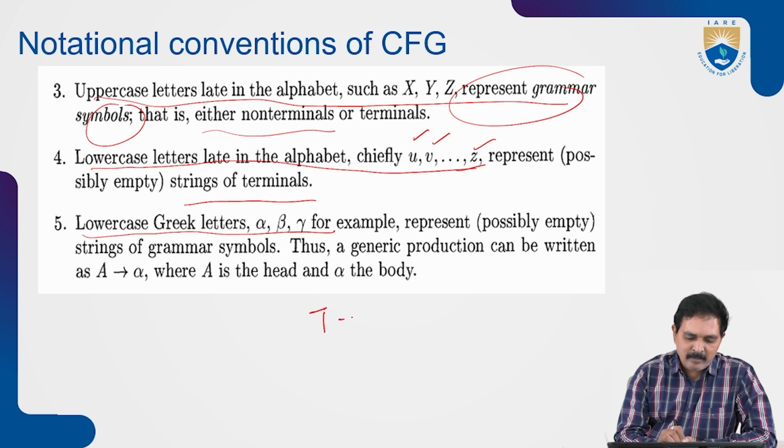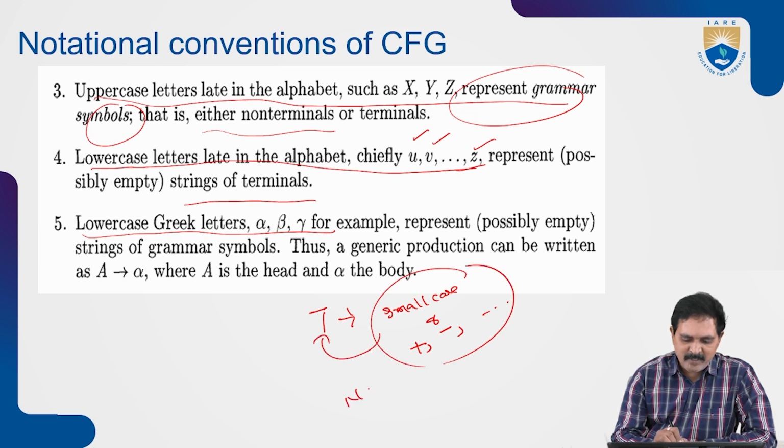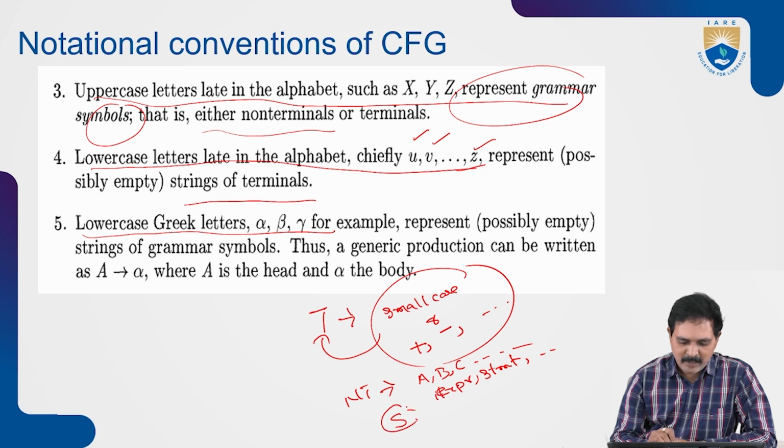Simply, for terminals we generally use lowercase letters of the alphabet, or sometimes operators. Non-terminals are capital letters like capital A, capital B. Statements like expr and stmt are non-terminals, and the starting symbol also becomes a non-terminal.